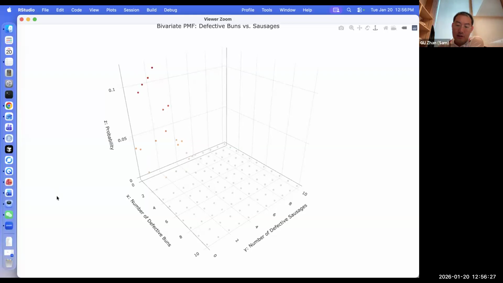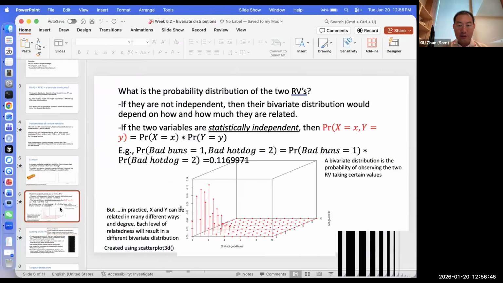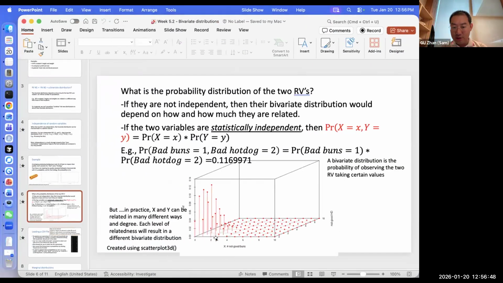I'll call it a bivariate probability distribution. Now all these probabilities, if you sum the 121 different probabilities together, they should be equal to 1, 100%. Okay, good. So this is the one that I want to demonstrate to you. This is the joint probability.